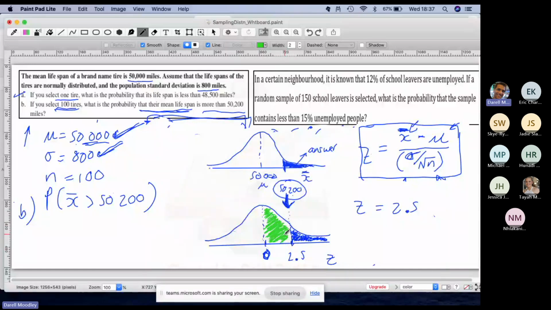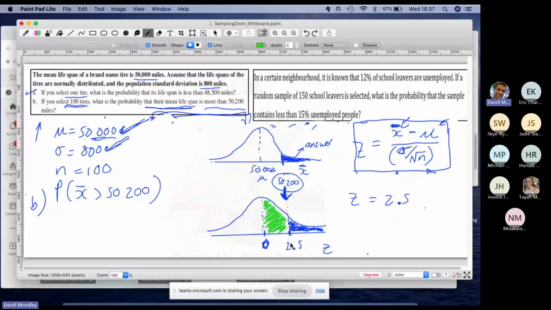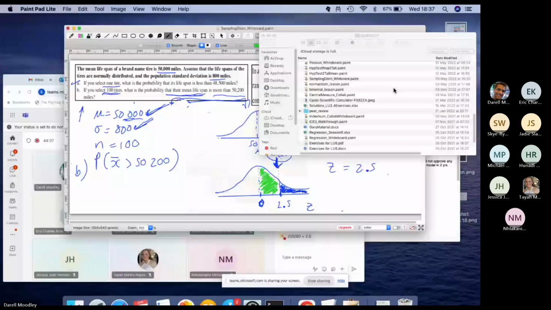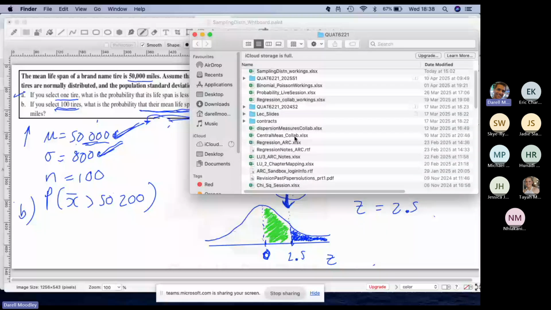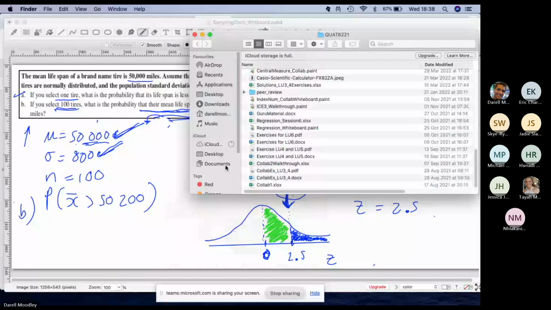So you're going to go into your textbook, open a table, and get this value for the green area. Okay, because that's what the table tells you. It tells you the area from 0 to any z value on the right of it. Okay, so if you're not sure, let me try to open the textbook to kind of show you the diagram. Second, let's find my textbook.